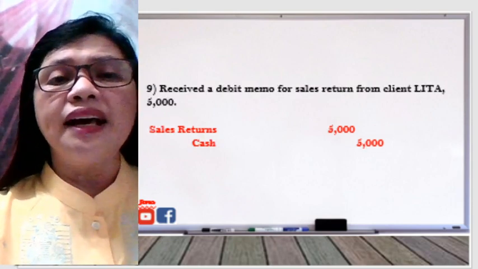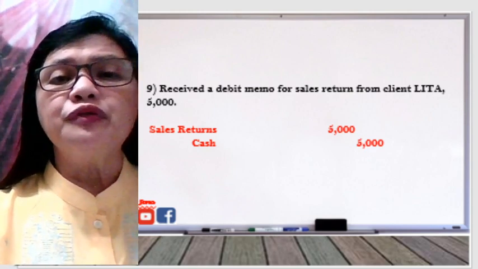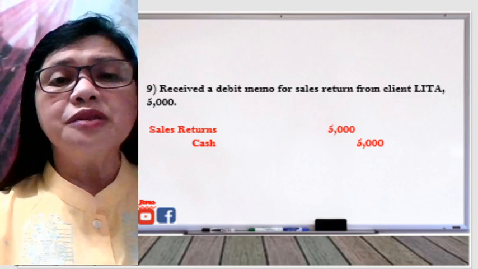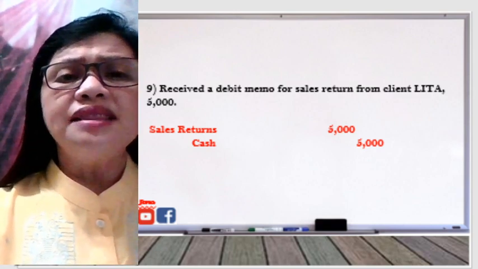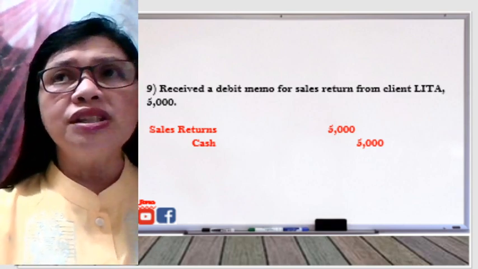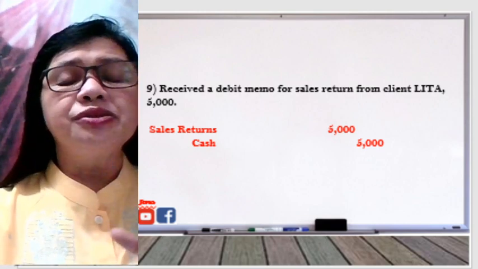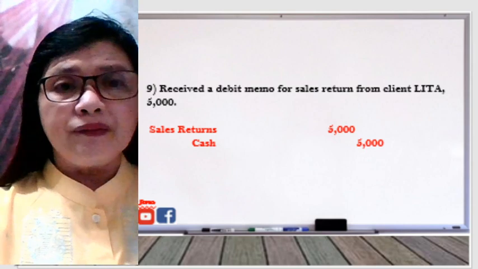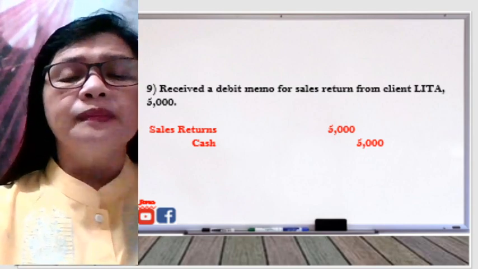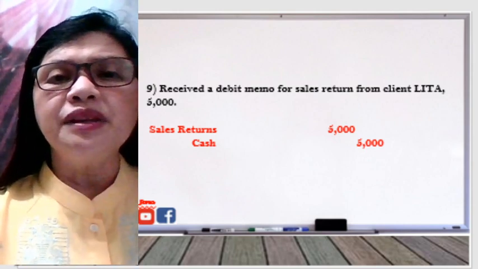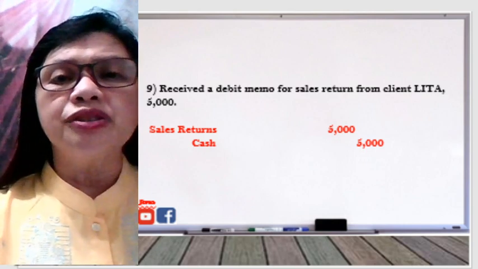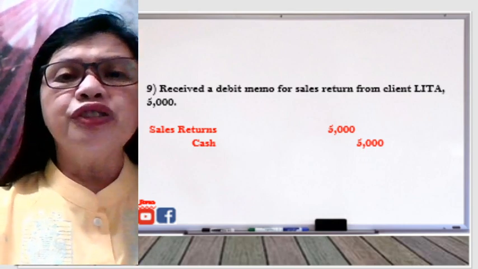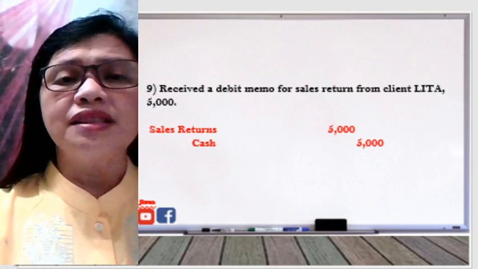Then we have number 9, received a debit memo for sales return from client Lita 5,000. So a debit memo or a credit memo, these are the documents you receive when there are returns in the merchandise bought or sold. Since this is a debit memo for sales returns, you have a client, Lita, and he returned maybe some defective items.